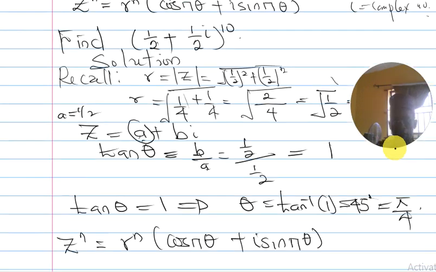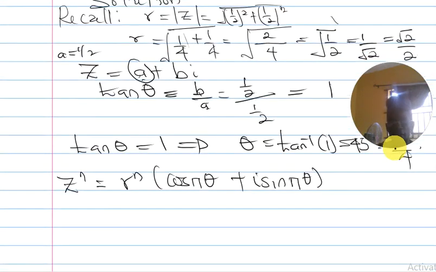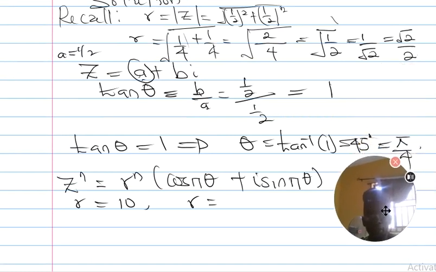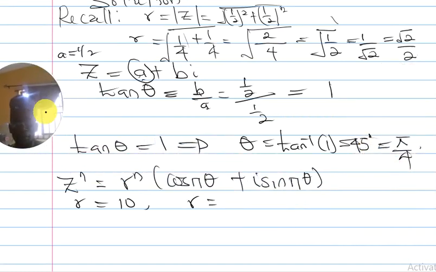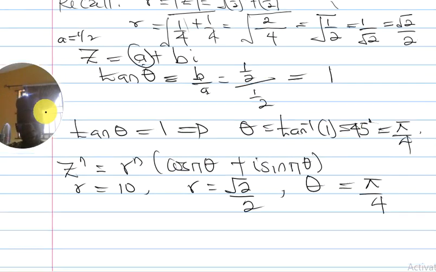Now if we look at this very well, you can see that my n is 10, and my r is root 2 over 2, which we have gotten here, take note. And my theta is pi over 4, okay?